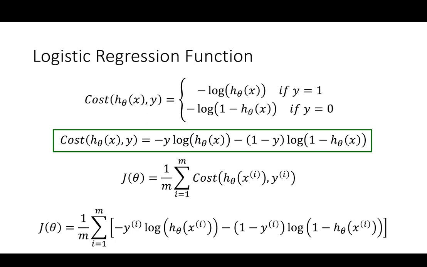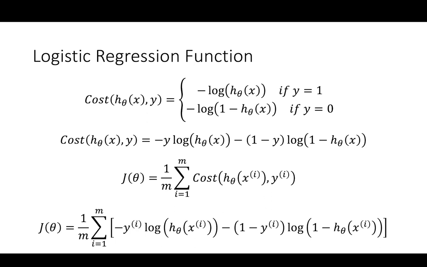Okay, bakit ganito? Kasi we want this to give out either 0 or 1, depende sa value ng h theta. How does it work? So if y is equal to 1, if you want to classify y equals 1, then this is 1. This is 1. So itong term na ito mawawala.